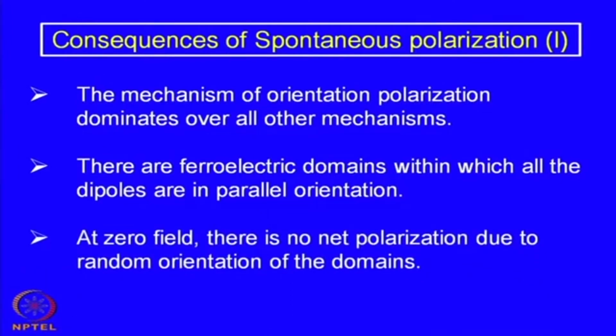At 0 field there is no net polarization, because these domains are oriented randomly, not the individual dipoles, but as a group they are oriented randomly with each other. Because of that there is no net polarization at 0 field.